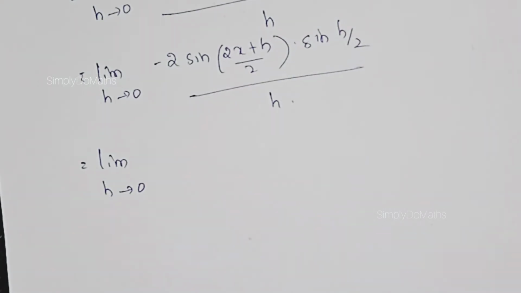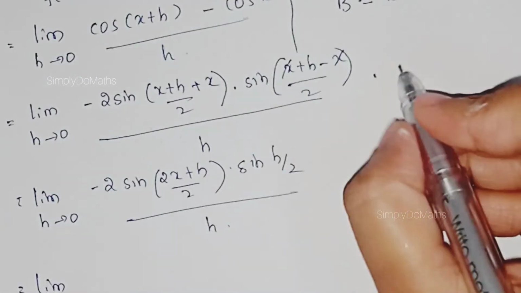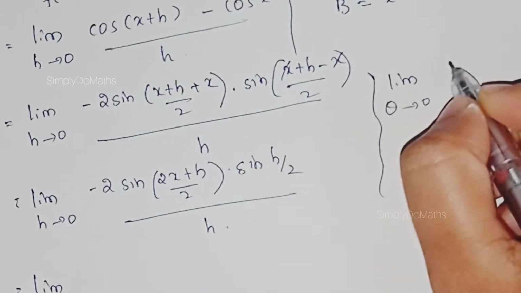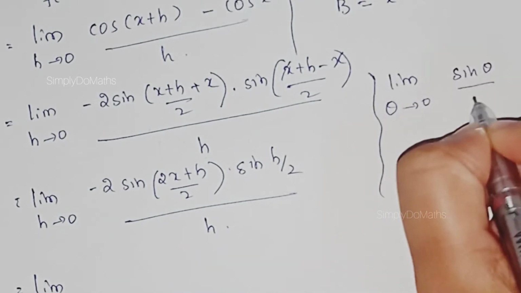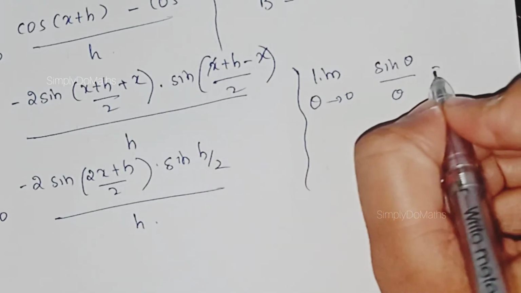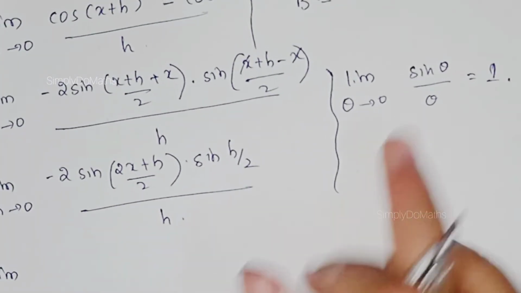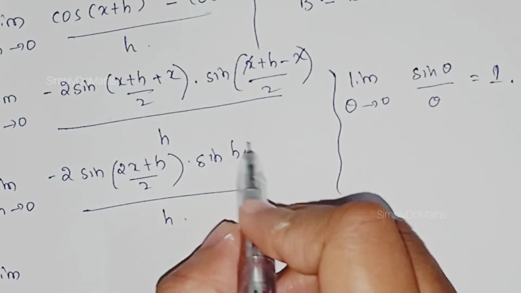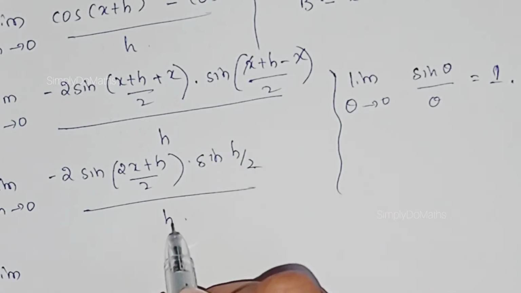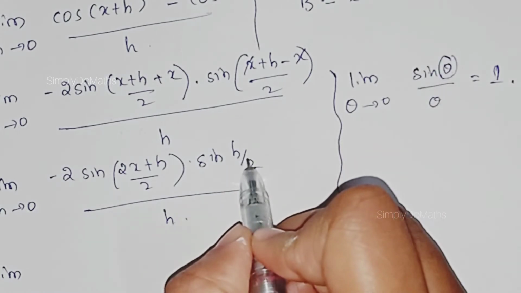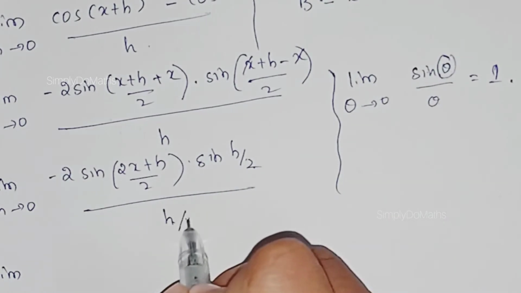As I have already told in the previous class, the limit as theta tending to 0 of sine theta divided by theta is equal to 1, which is the basic formula or result. Applying this result here, sine h by 2 is there, and here h is there. In sine theta by theta, in the place of theta we have h by 2, which implies here also we need h by 2.